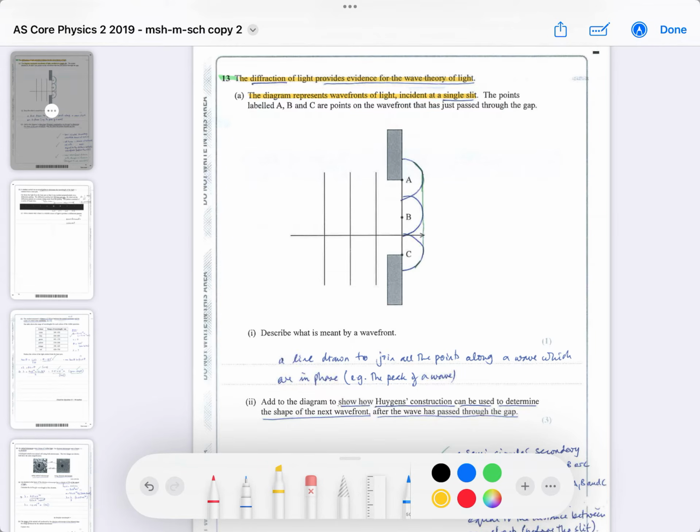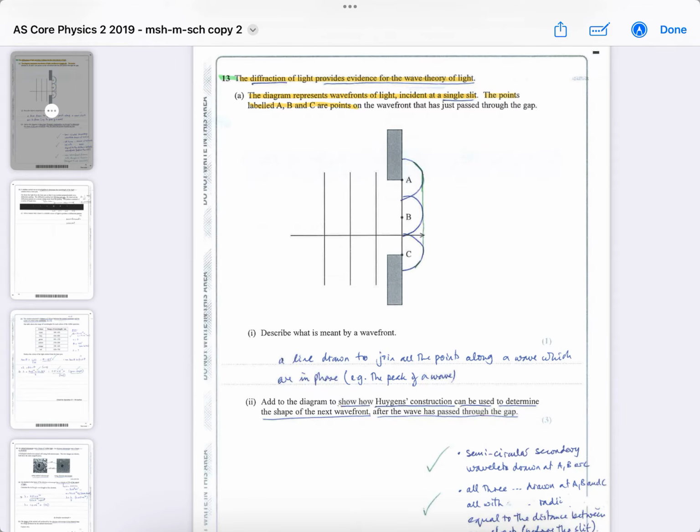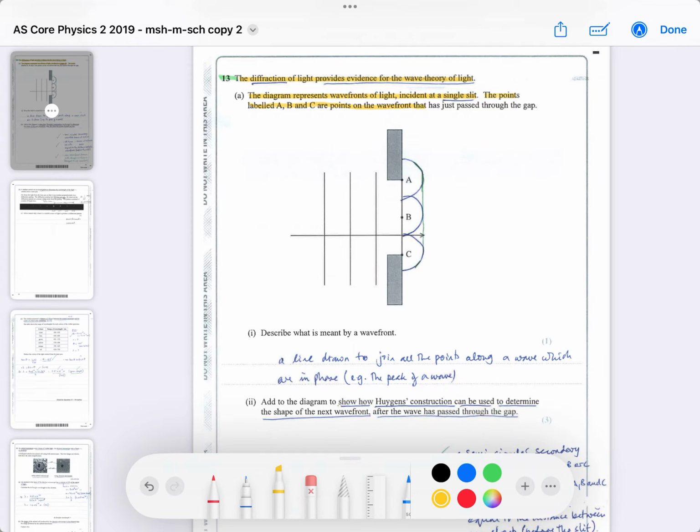Okay, so if a ray is a single forward arrow, the direction of a narrow beam of light, wavefronts are at right angles to the ray. And they're going to ask you what is meant by wavefront first. The points labeled A, B, and C are points on the wavefront that has just started to pass through the gap.